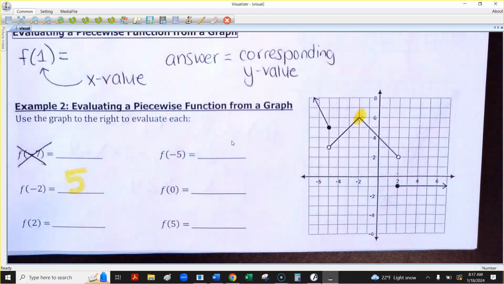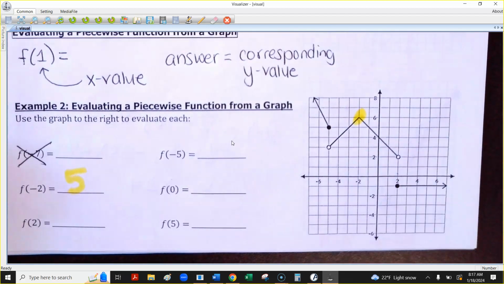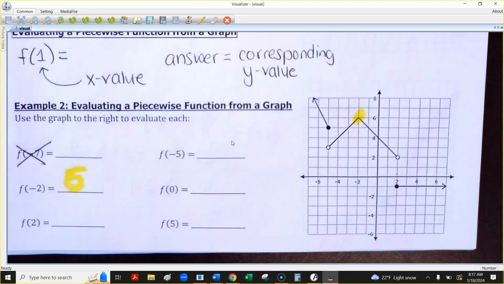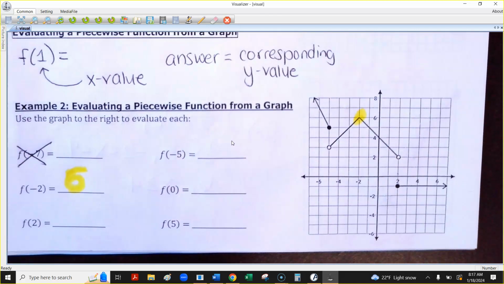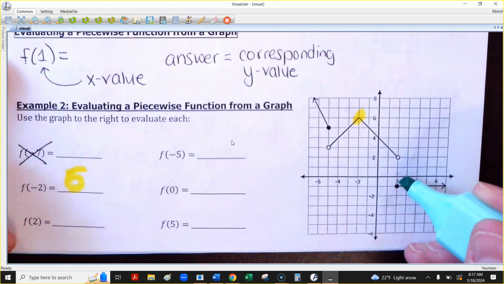If I have 2, so I'm going to go over to 2. Now this is, go ahead. Yes. 6. Fired. 6. Okay. I can't read my own graph. 6. I have the point highlighted correctly. Now, here's the deal. If I go to 2, you actually have 2 options because the piece switches over.